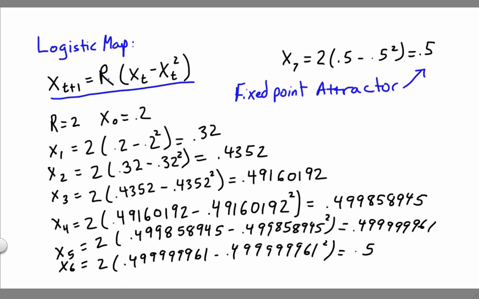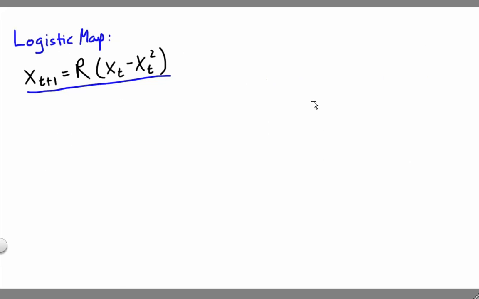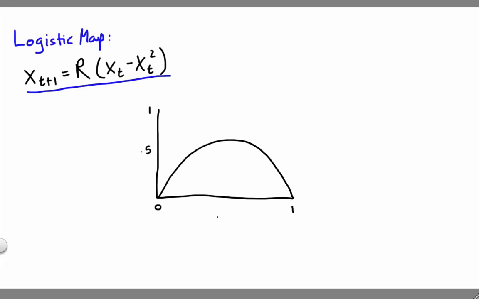Finally, let's look at a different way of visualizing the dynamics of the logistic map. That is, how it changes as you iterate it. I'm going to draw a plot of the logistic map equation for R equals 2. Now what I'm plotting down here is x sub t, and what I'm plotting over here is x sub t plus 1.